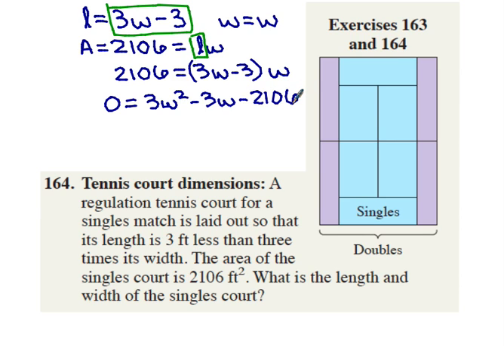Okay? And as we type this into the calculator with your quadratic formula, you're going to see, and I haven't actually done this one yet because I was working on the one from class. So our negative b is going to be 3 plus or minus the square root of b squared, 3 squared minus 4ac, all over 2a.